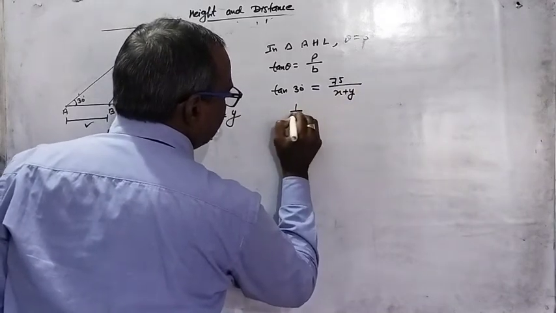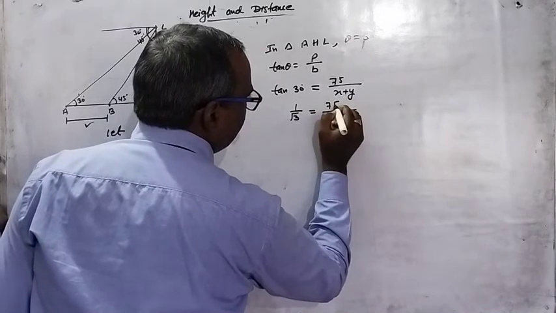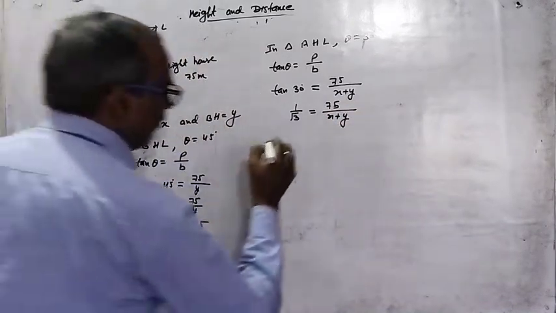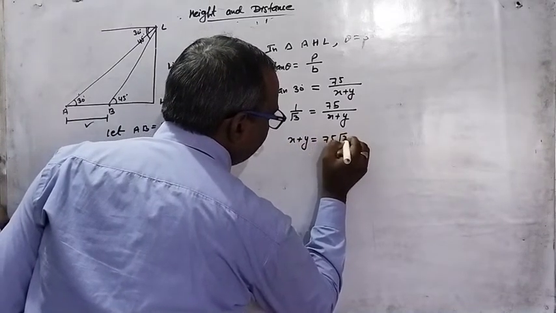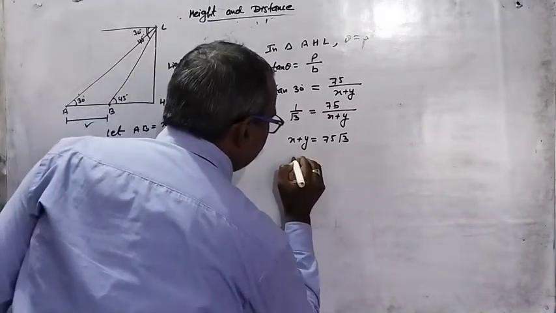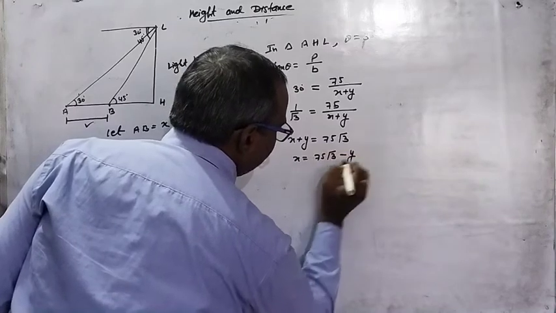Tan 30 value 1 by root 3 equal to 75 by x plus y. Cross multiply: x plus y equal to 75 root 3. Here x equal to 75 root 3 minus y.